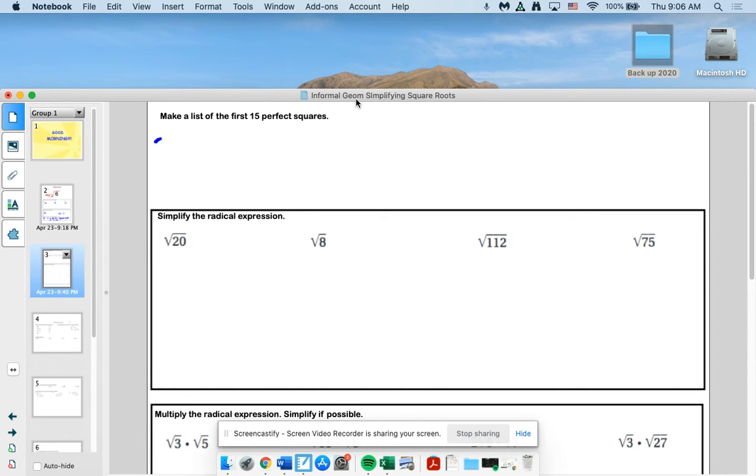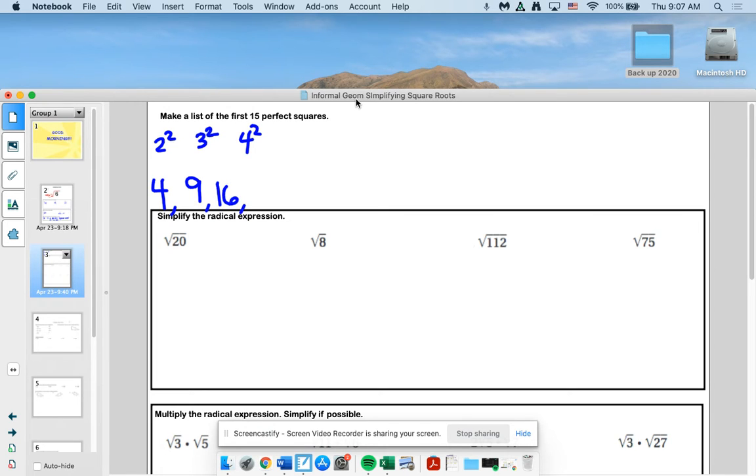Okay, so what's 2 squared? What's 2 times 2? 4. So 4 is a perfect square. Okay, what's 3 squared? 3 times 3 is 9. Okay, 4 squared. 16.